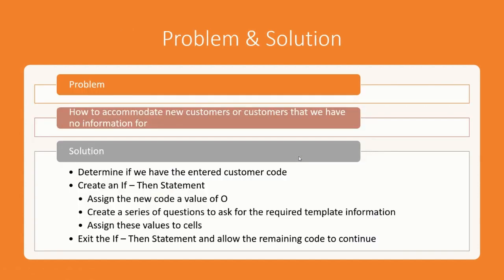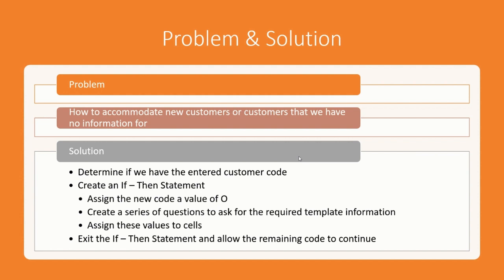Something I want to incorporate within future videos is a problem and solution statement. As I mentioned earlier in the video, we want to accommodate new customers, or customers that we have with no information, and pull this information into our template. To do this, we need to determine if we have the specific customer code that the user entered within the input box.